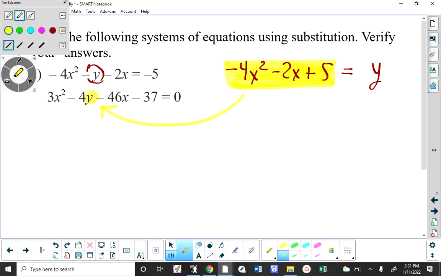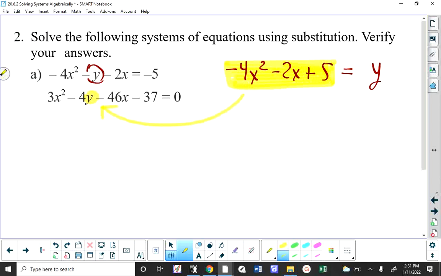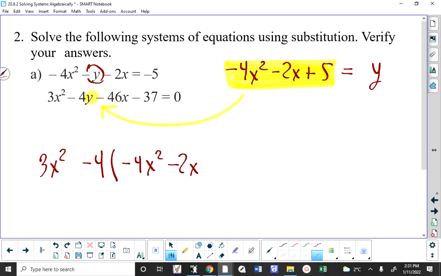By the way, if you substitute it into the equation that you used to get it, you're just going to end up with a statement like 0 equals 0. It won't go anywhere. So I'm going to have 3x squared minus 4 times y, which is negative 4x squared minus 2x plus 5. Then minus 46x. Then minus 37. And it's equal to 0.